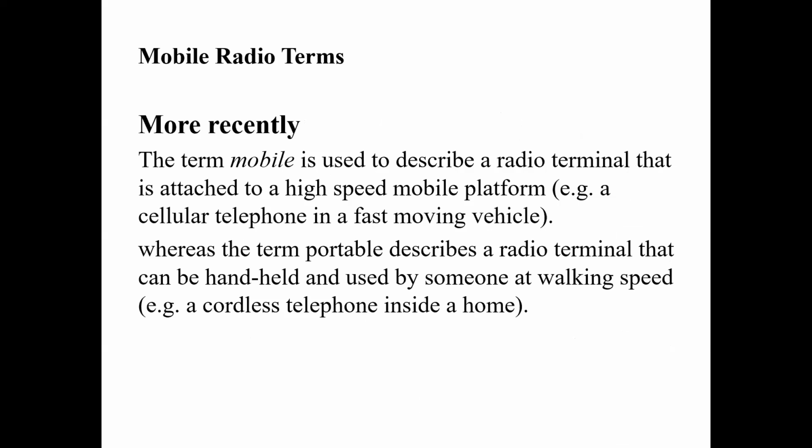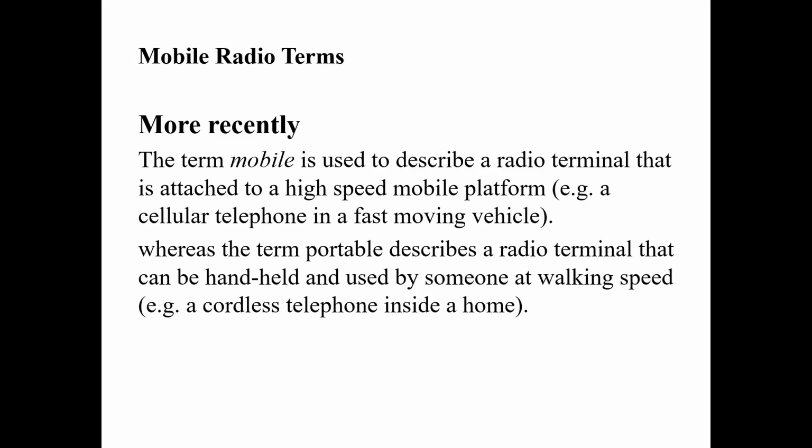So the mobile term is now updated, whereas the term portable describes a radio terminal that can be handheld and used by someone at walking speed. So at walking speed, they are considered portable devices.